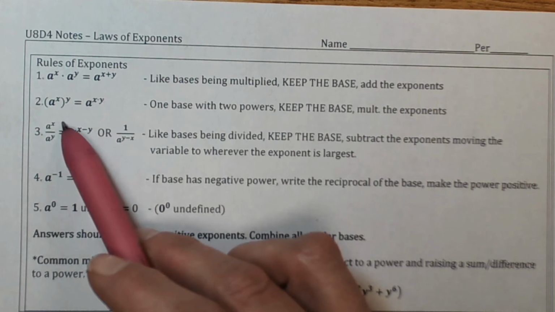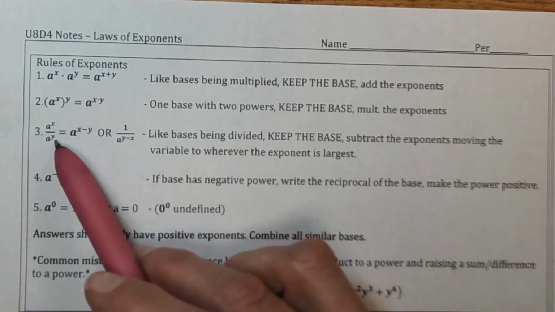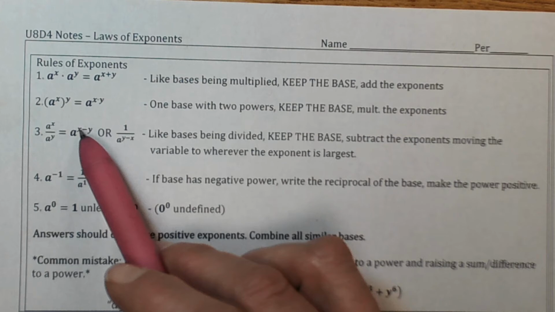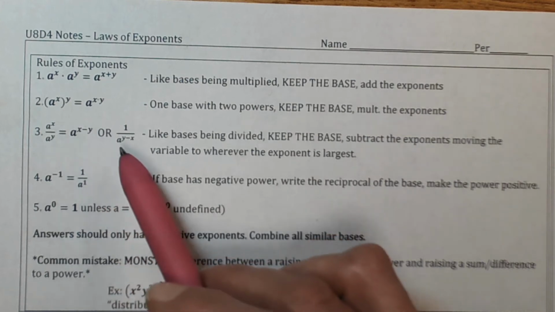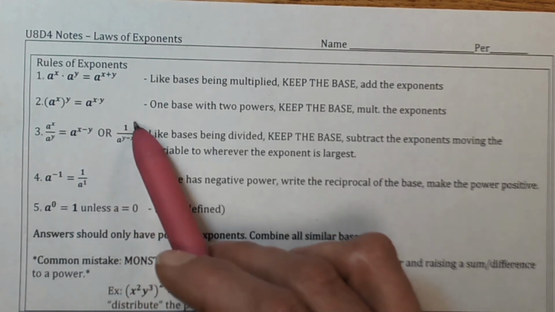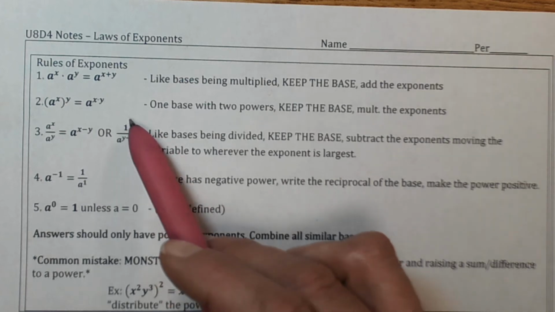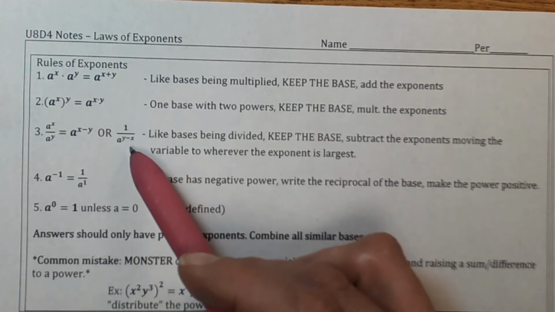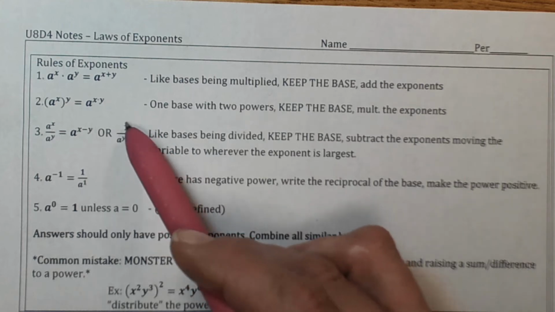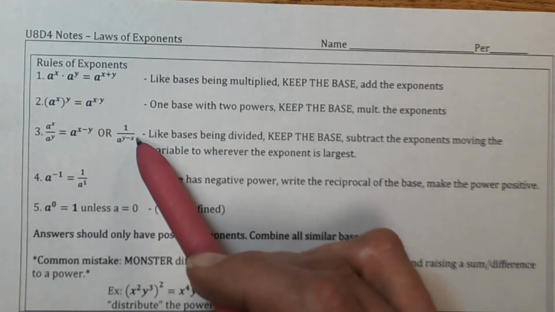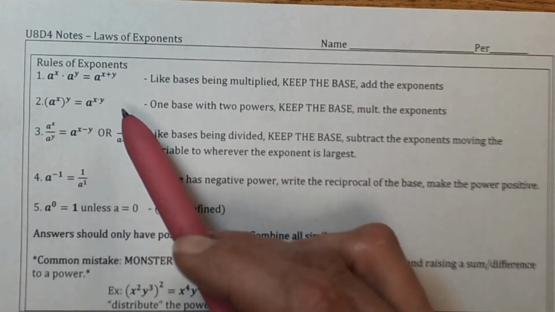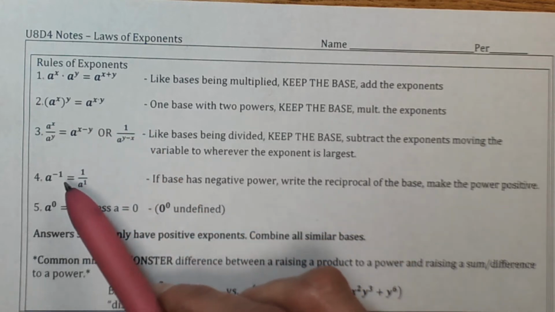So if x is larger than y, then you're going to move your y's up by subtracting them. Or if y is larger than x, then you're going to move the x's down to the y by subtracting them. But remember, every time something goes across the division sign, it changes sign.